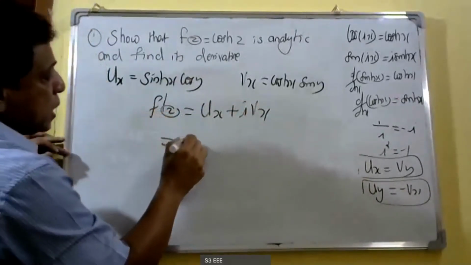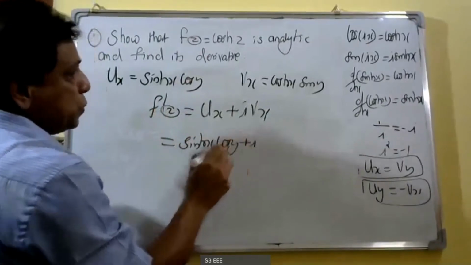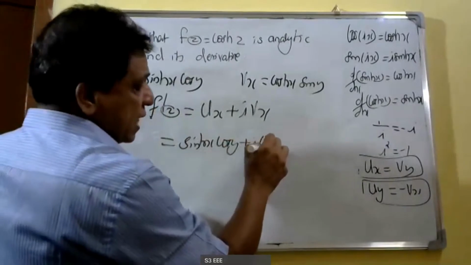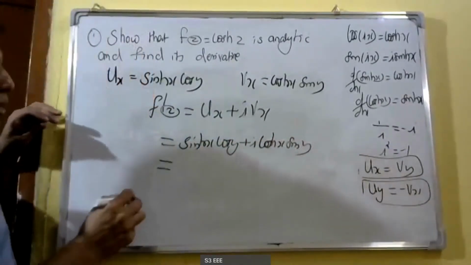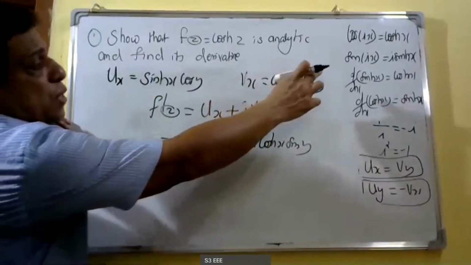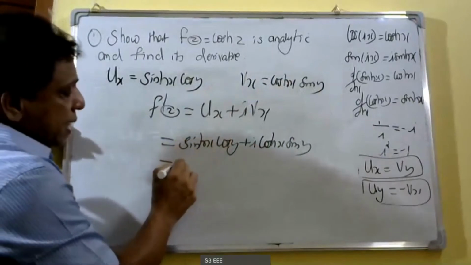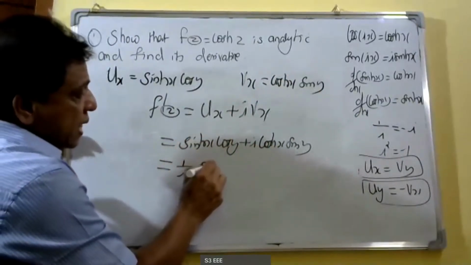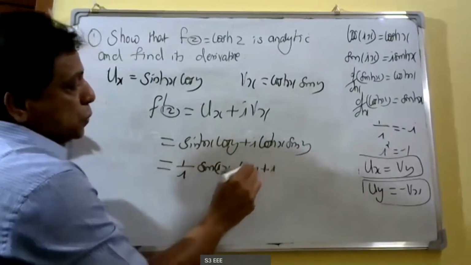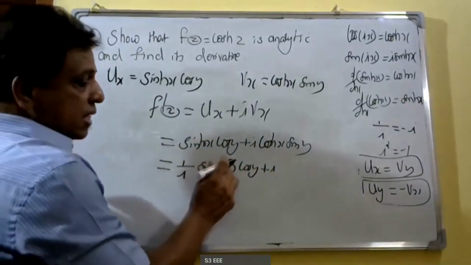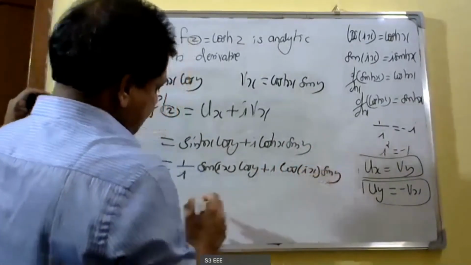Here ux = sinh x cos y, and vx = cosh x sin y. Then, sinh x: we know the formula sin ix = i sinh x. Therefore, sinh x can be taken as (1/i) sin ix cos y plus i cos ix sin y.